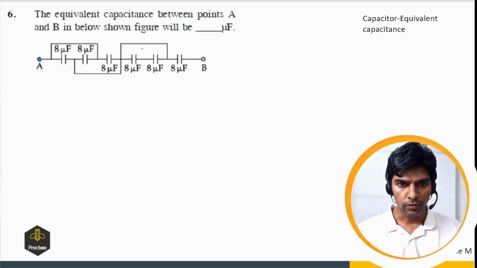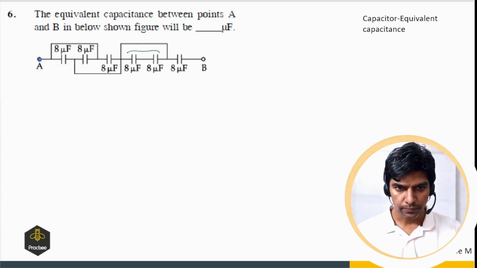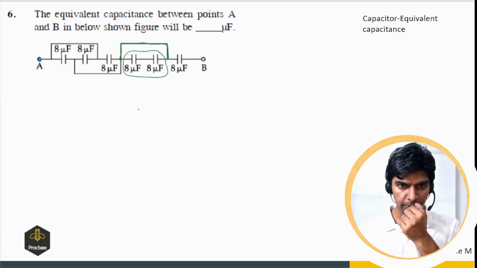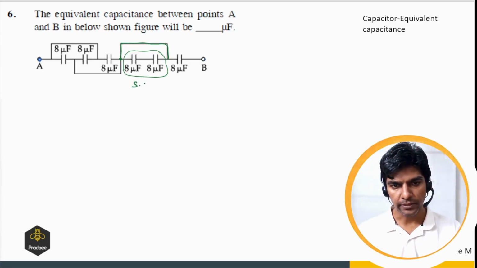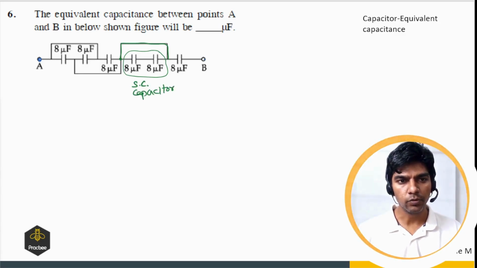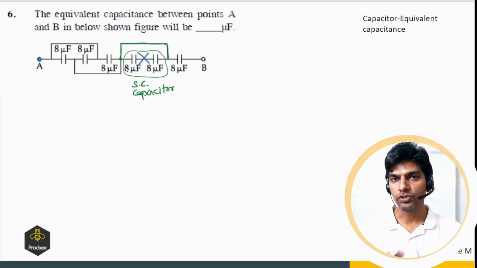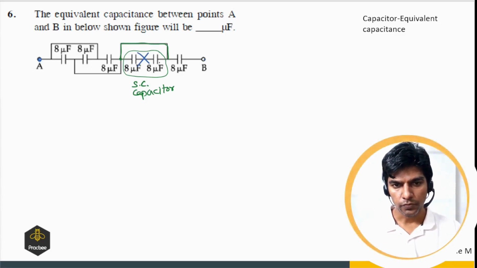If you look at these 2 capacitors, they are in series, but their ends are connected with a connecting wire. So it means it's a short circuited capacitor, right? If it is short circuited, you can remove these capacitors, because there will be no charge stored on them.